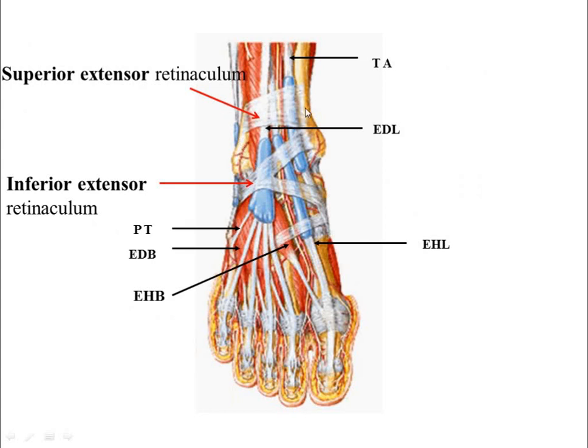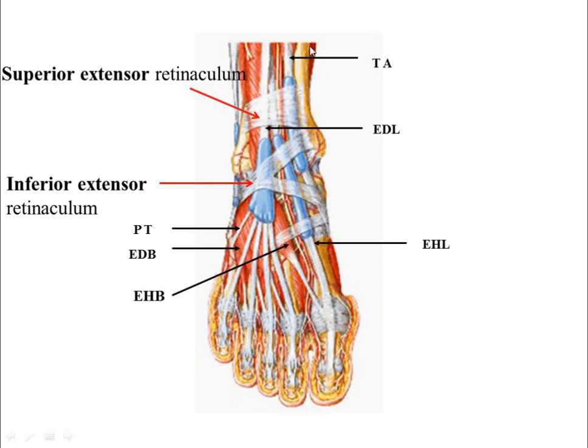This is the superior extensor retinaculum attaching just above the malleoli to the tibia and fibula. This is the inferior extensor retinaculum with its stem attaching to this region on the anterosuperior surface of the calcaneum, and the tendons of the front of the leg pass to the foot deep to these, separated by the synovial membrane.